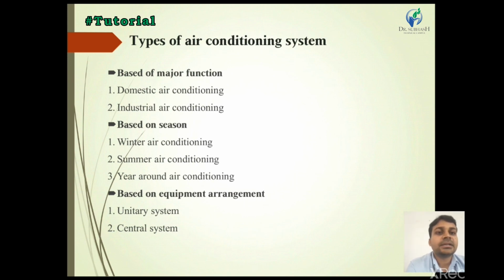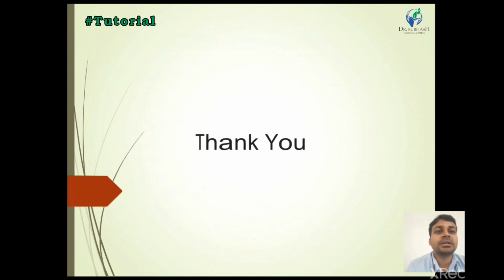For the year round air conditioning system, we use it in monsoon condition as well. In monsoon there is high humidity in the air, so the year round air conditioning system removes moisture from the room space.